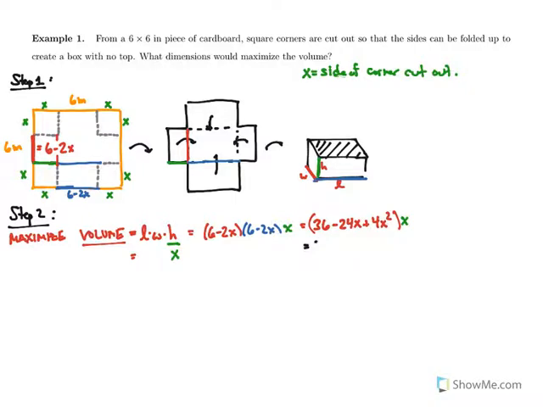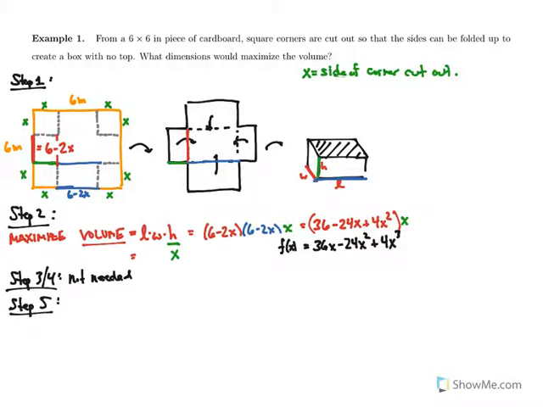So overall, 36x minus 24x squared plus 4x cubed. So this is a weird problem because steps 3 and 4 are not needed. There's not two variables here, just the one variable x, and we already have our function of x. So step 5, let's think about the domain.